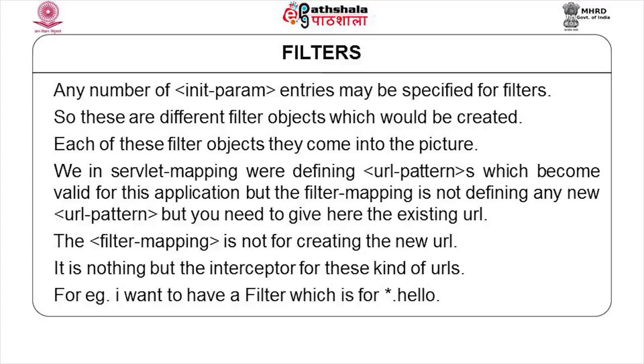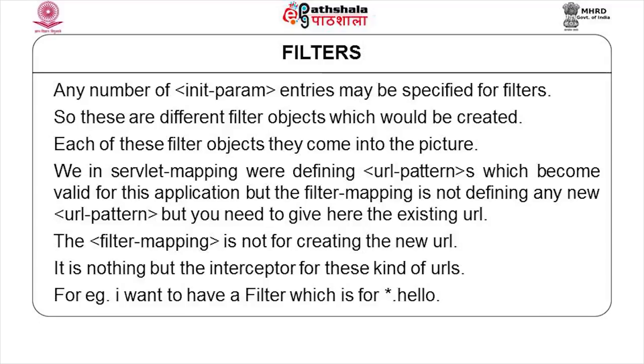The filter mapping is not for creating a new URL; it is kind of an interceptor for these kinds of URLs. For example, I want a filter for *.hello. If someone is trying to use any kind of hello, I would like the request to go through this filter. I want the filter to be applied before the request can even start to be processed by a servlet.